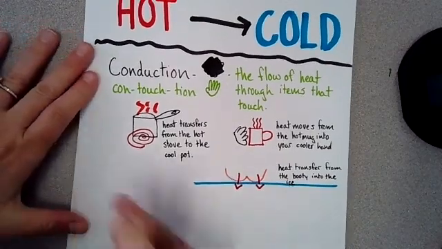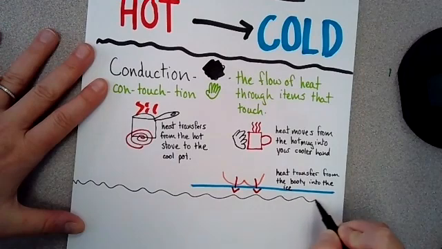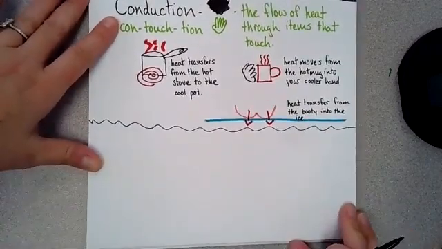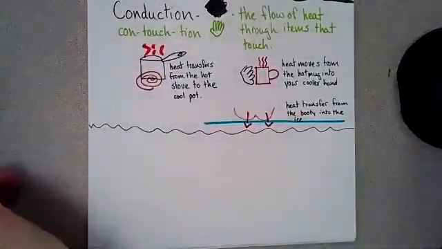Now I'm going to draw a little jagged line, and we're going to talk about the next type of heat transfer. The next type is convection. Write that down.